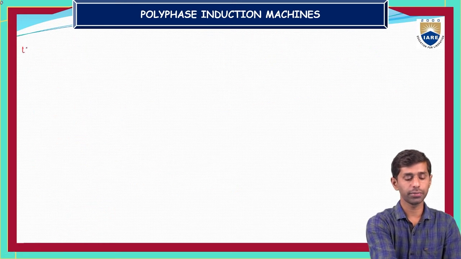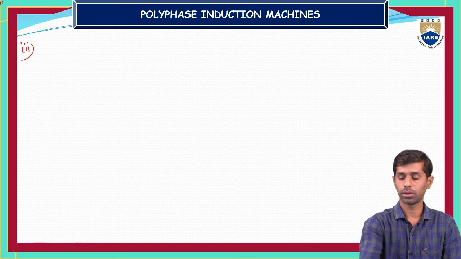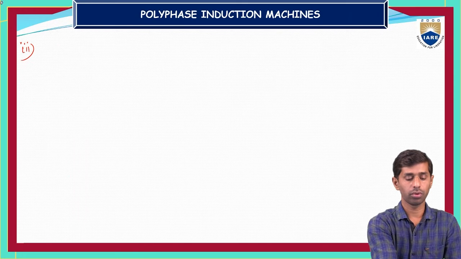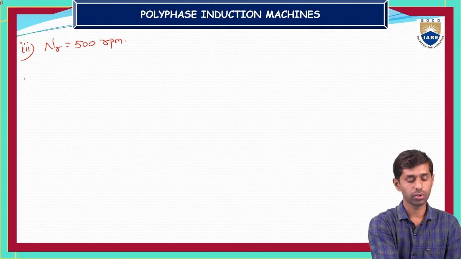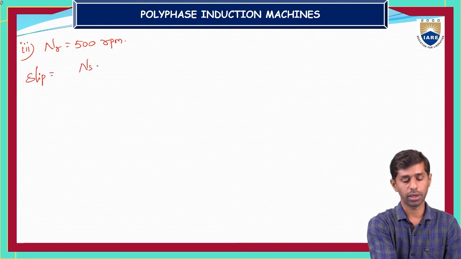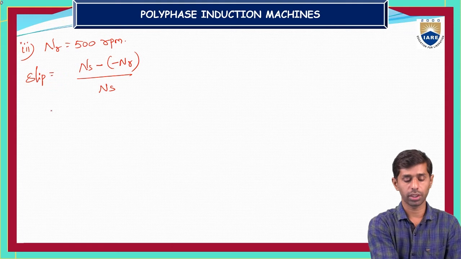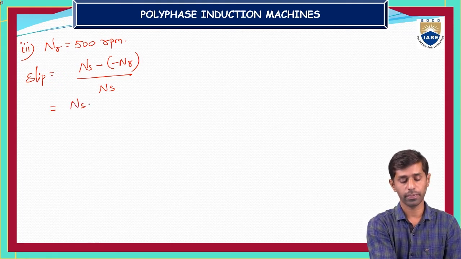Next, the third condition. What is the third condition? Motor running at 500 rpm in the opposite direction. So Nr becomes 500 rpm, but in the opposite direction of the magnetic field. So slip equals (Ns minus (minus Nr)) by Ns, that is, (Ns plus Nr) by Ns.